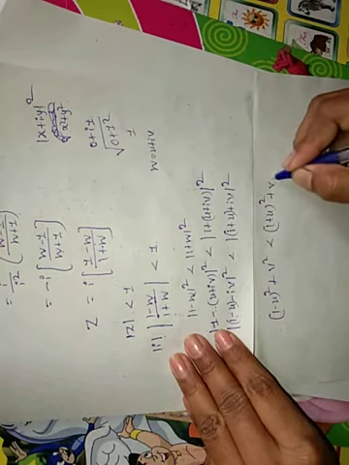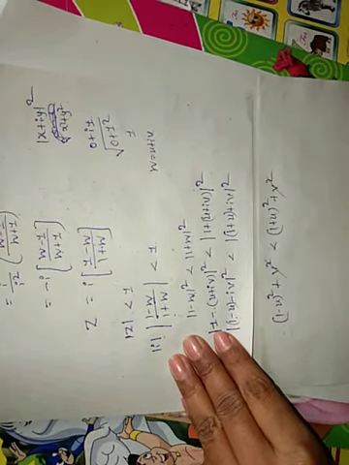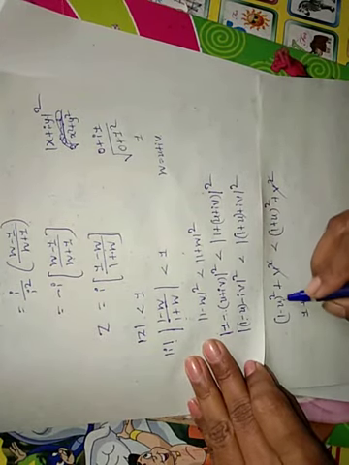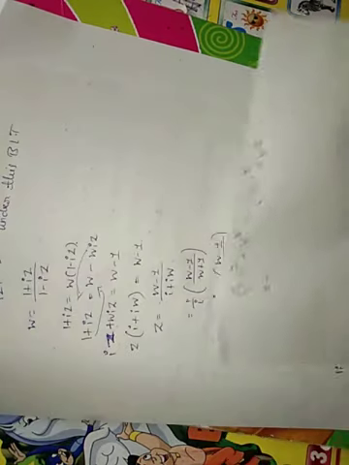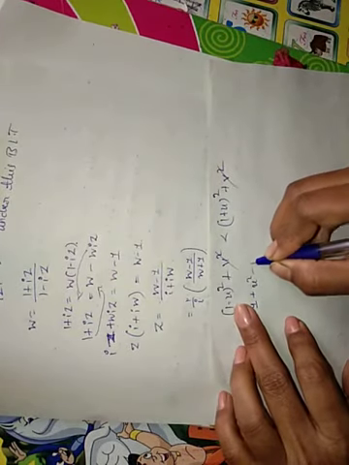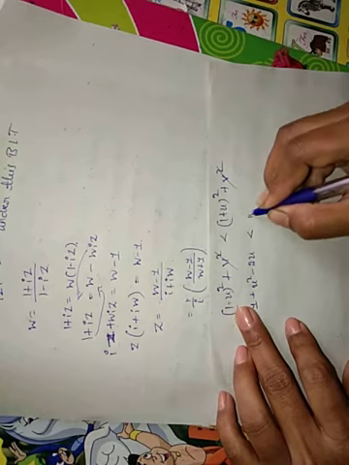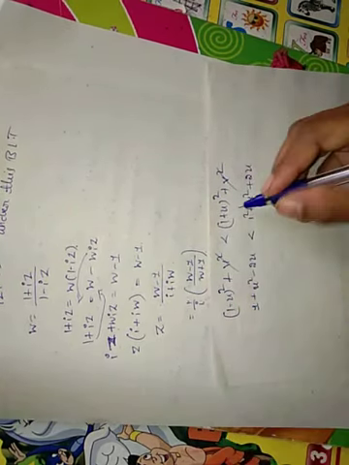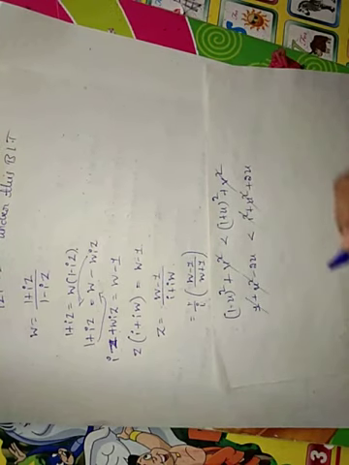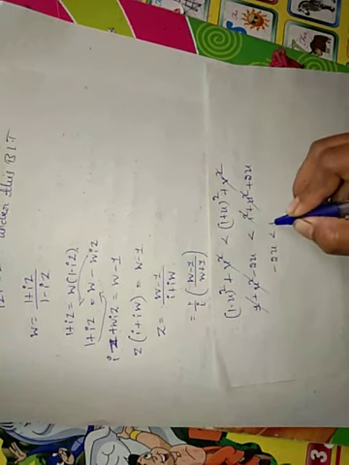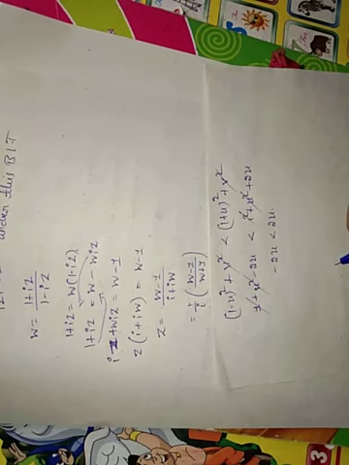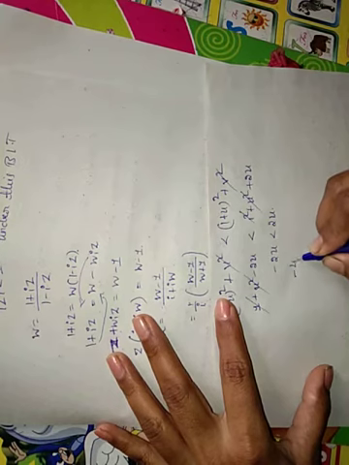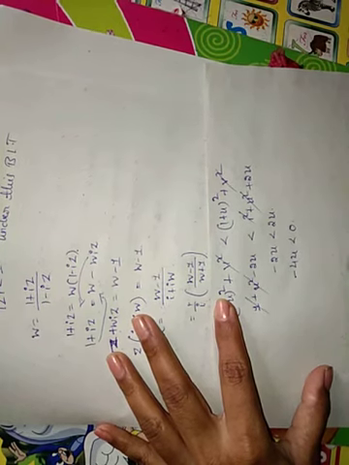plus v square. V square is cancelled. (1 minus u) whole square is, since (a minus b) whole square is a square plus b square minus 2ab, less than a square plus b square plus 2ab. So 1 cancelled, u square cancelled. Minus 2u is less than 2u. Take this 2u onto the other side: minus 4u less than 0.